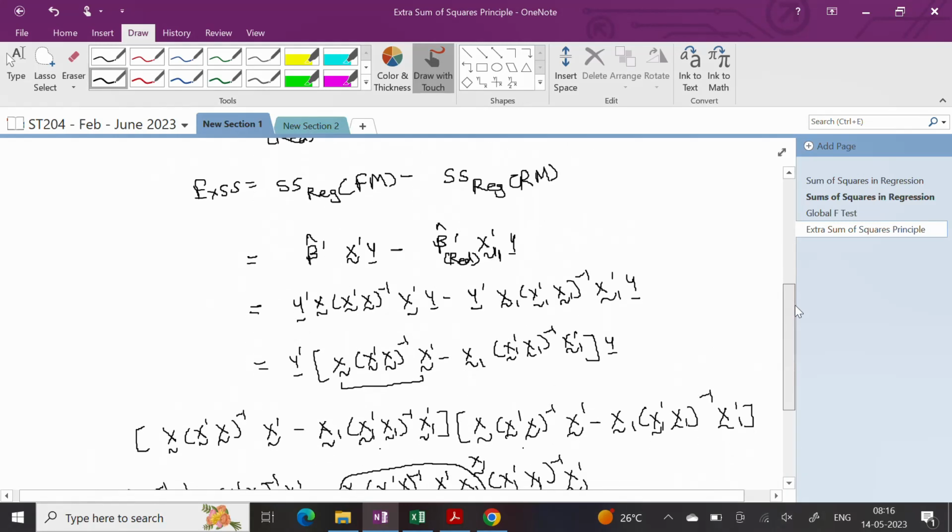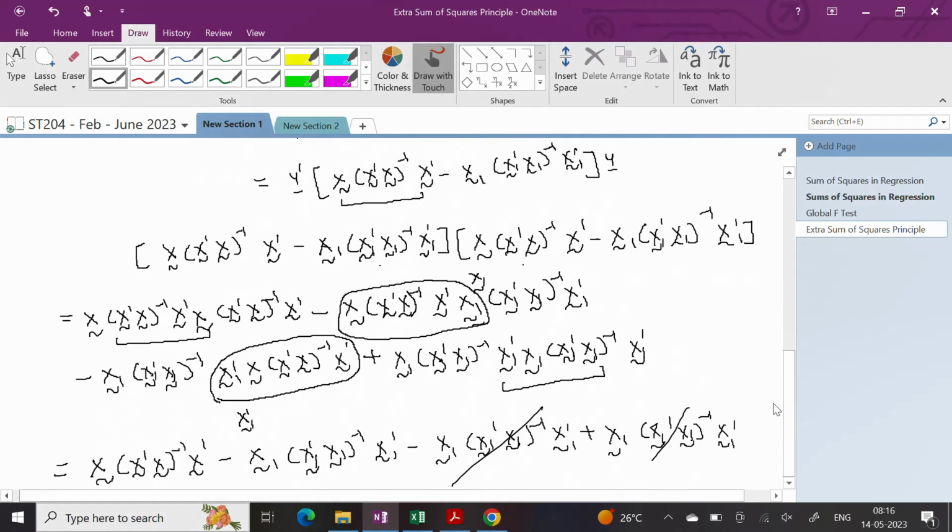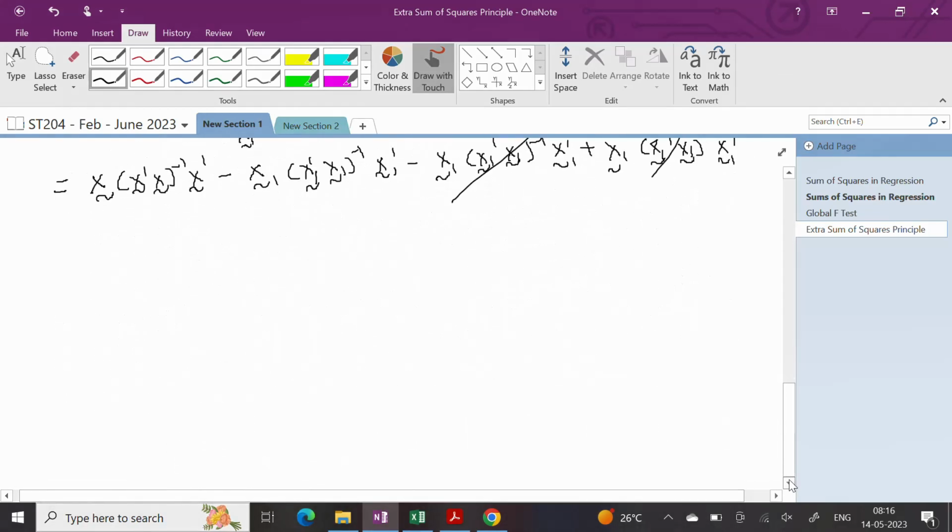Now this is an idempotent matrix, but my V is sigma square into I, right? What I want is that AV should be an idempotent matrix, correct? So I will need my A to be actually this matrix in the bracket divided by sigma square, because then only A into V will be idempotent.